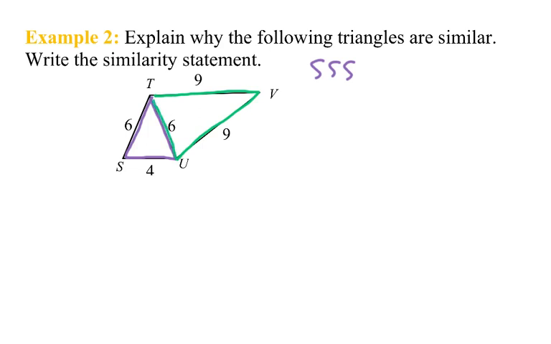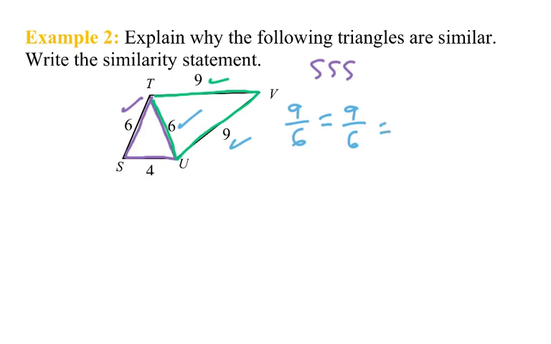So if I wanted to look at ratios of corresponding sides, what I would want to do is take the length of a longer side from the green triangle over a longer side from the purple triangle, so something like 9 over 6. And notice that the other longer side of the green triangle has the same length, and the other longer side of the small triangle has the same length. So those ratios are clearly the same, 9 over 6, 9 over 6. But then you also have to look at the ratios of the two short sides.